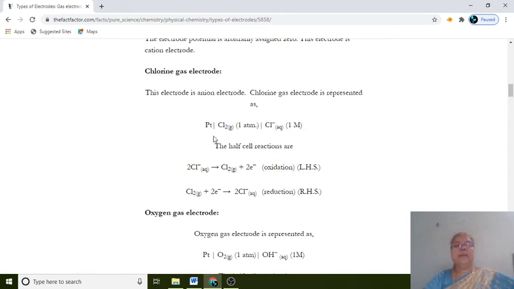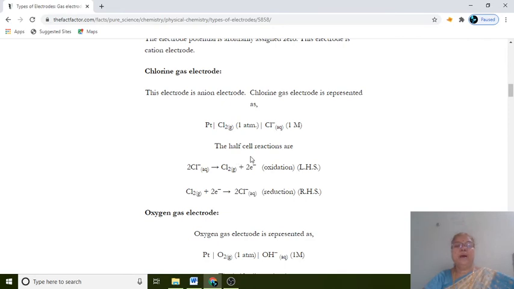This is the representation of the chlorine gas electrode: platinum, oblique line, Cl2 gas at 1 atmospheric pressure, oblique line, Cl minus ions in aqueous medium, and the concentration of Cl minus ions.